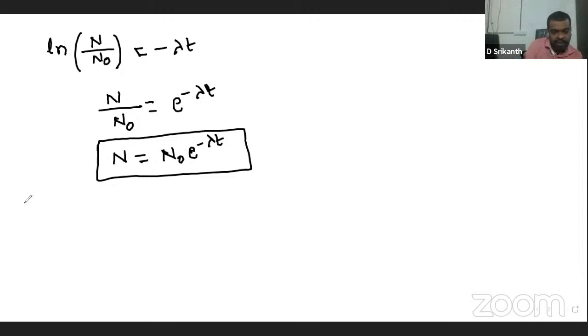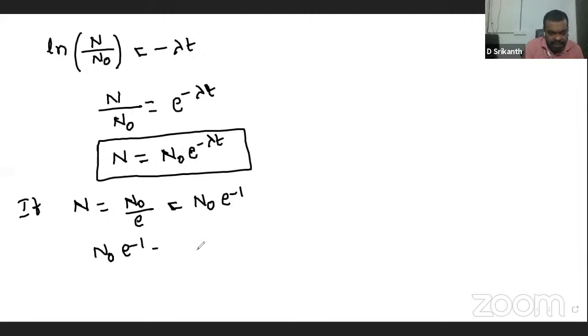Suppose we consider N equal to N naught by e, that is, N naught times e power minus 1. N naught into e power minus 1 is equal to N naught times e power minus lambda t.